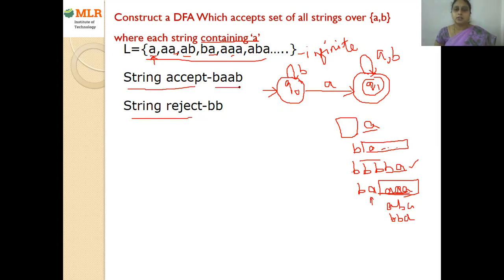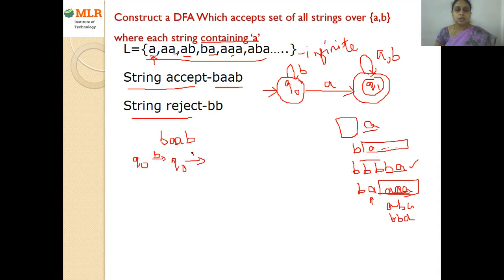If you consider string acceptance, that is BAAB. The initial state is Q0. Q0 on B, Q0 on B, it is in the Q0 state only.